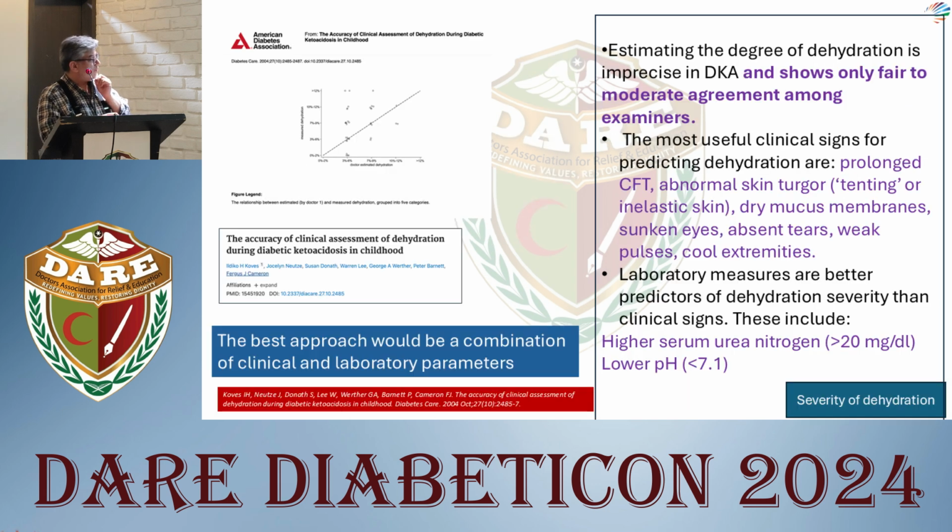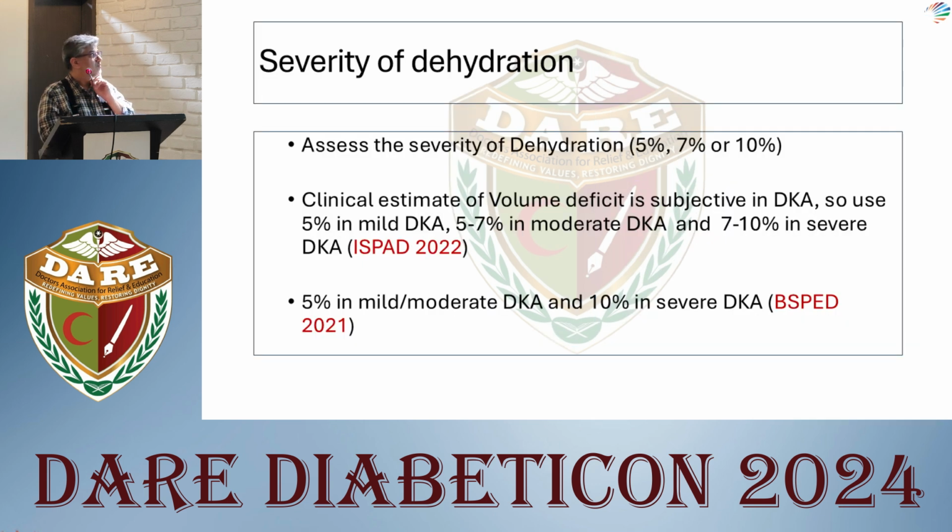Studies have shown that when you look at clinically and when you do lab tests, there is very little correlation between them when you are diagnosing the severity of dehydration. That is why don't go just by clinical, do some lab tests also, and a combination of that is what is recommended to come to a conclusion of whether it is mild, moderate or severe dehydration. So lab tests basically are urea, nitrogen and ABG.